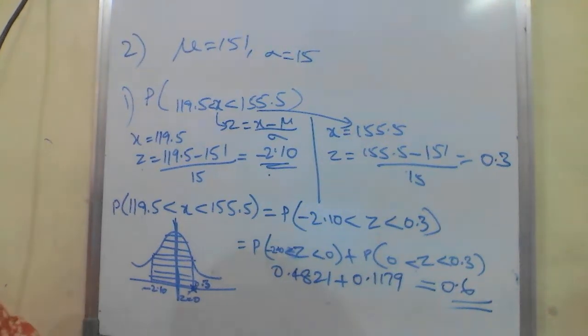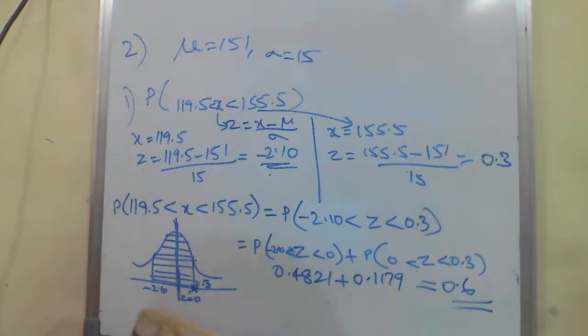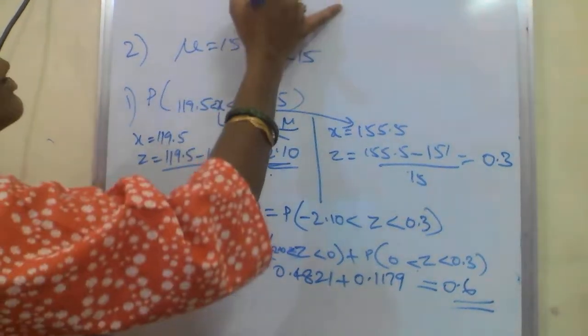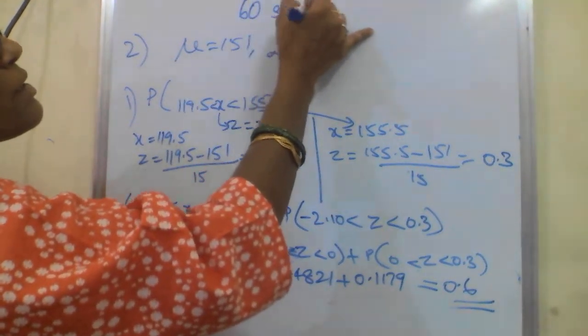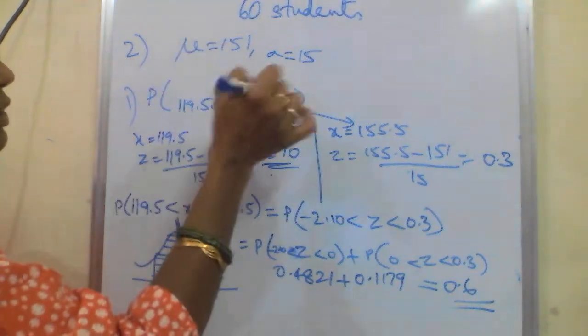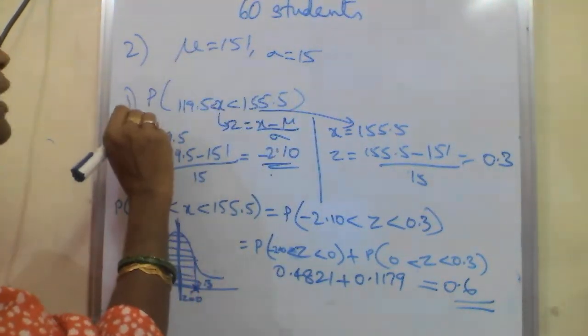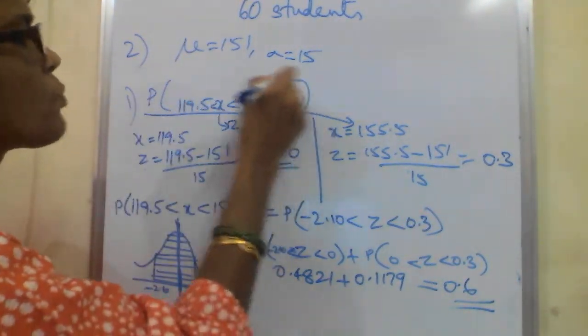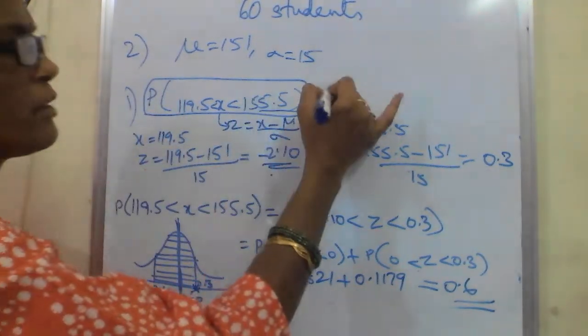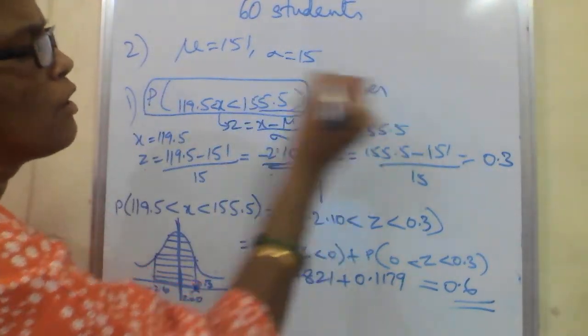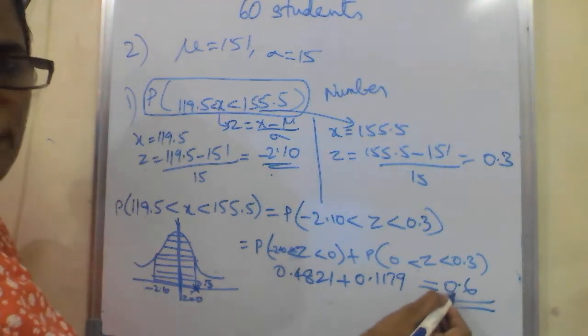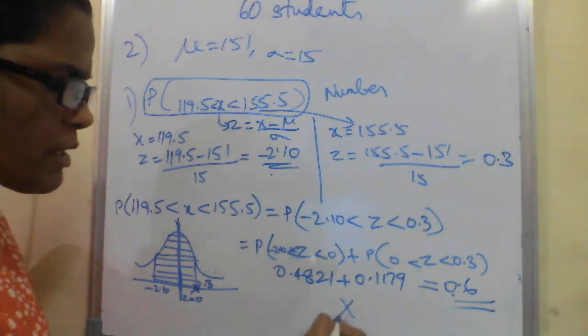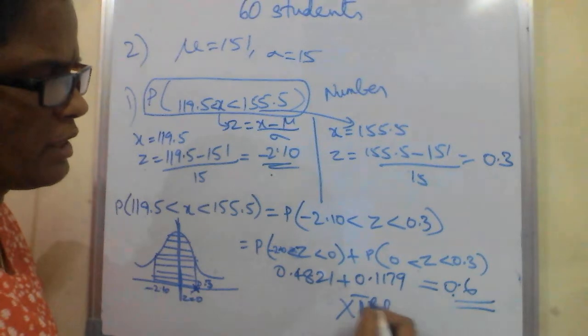So this way you have to find. Sometimes they'll give you a problem where they give you the total number of students. For example, there are 60 students in your class. The total students are 60 and they'll give you this data and ask you to find the number of students with this probability. If they ask you to find the number, find this probability, and whatever probability we get, just multiply by the total number he has given.